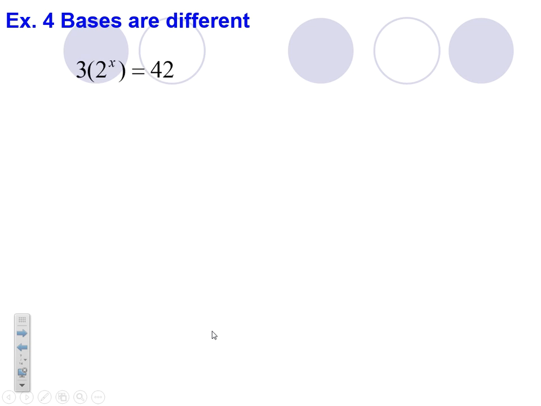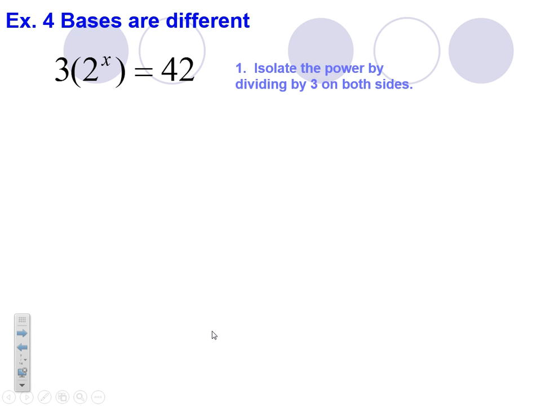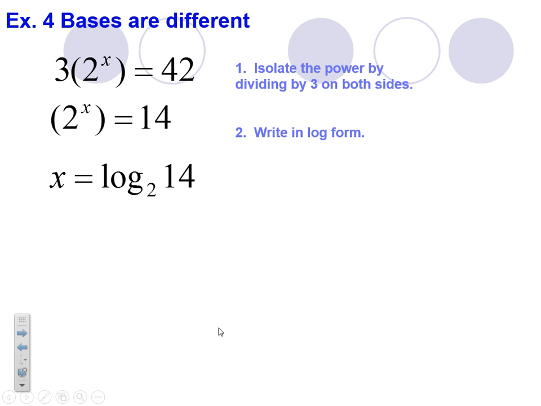In the next example, we see that the bases are different. So we still want to isolate our power first, and our power is 2 to the x. So that means we need to move the 3 by dividing by 3 on both sides, and we will get this. Now, we want to rewrite our equation in log form, which gives us this.